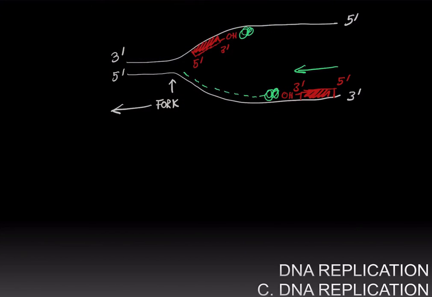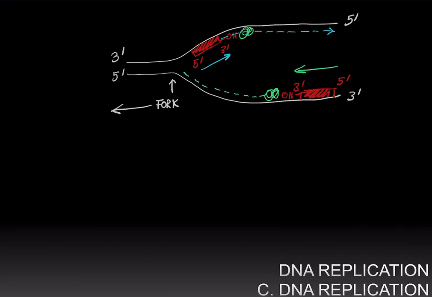Therefore, when copying the template strand on the bottom, you are going to be synthesizing from right to left, whereas in the top strand you are going to be synthesizing from left to right, because that's the direction of 5' to 3' synthesis on the daughter strand.